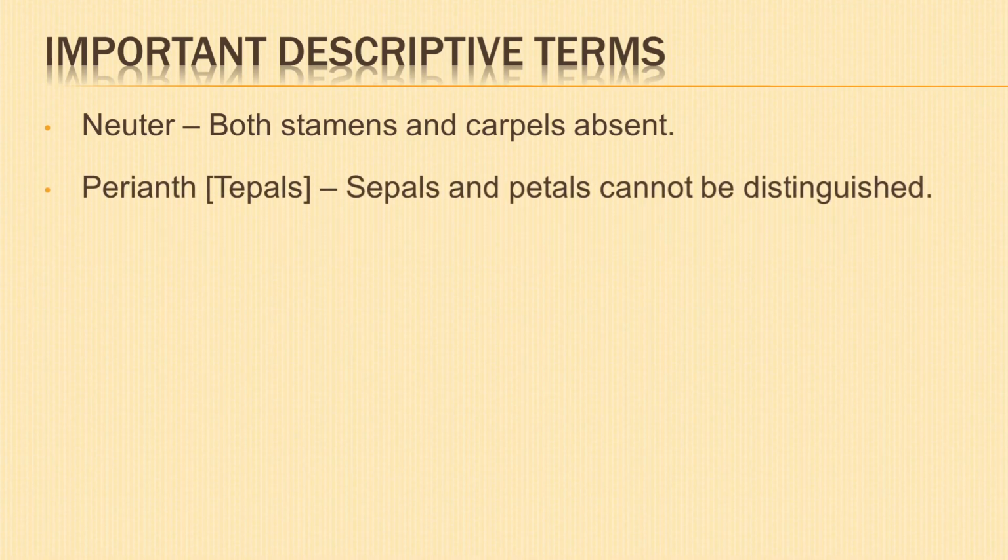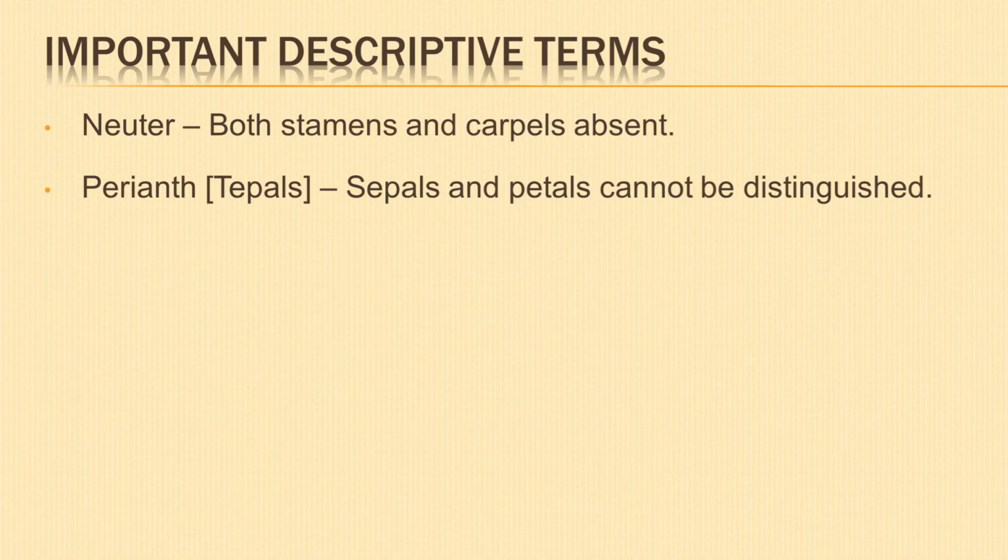In some flowers, when sepals and petals cannot be distinguished separately, they are known as tepals. Collectively, the tepals are known as perianth. This situation is commonly found in monocotyledons. It functions as both calyx and corolla.